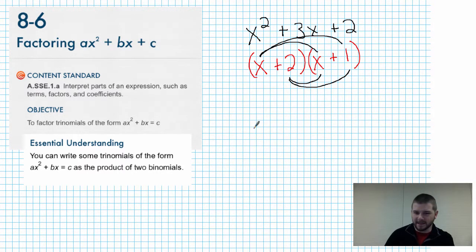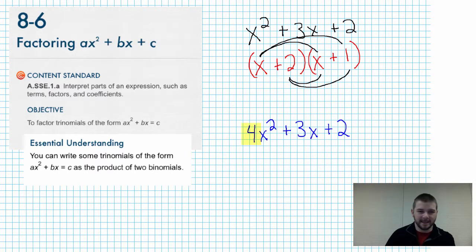Section 8.6 asks, what if the leading coefficient of x squared is not 1? In cases like this, sometimes the polynomial will be factorable, sometimes it will not. But we'll learn strategies to factor polynomials with leading coefficients that are not 1.